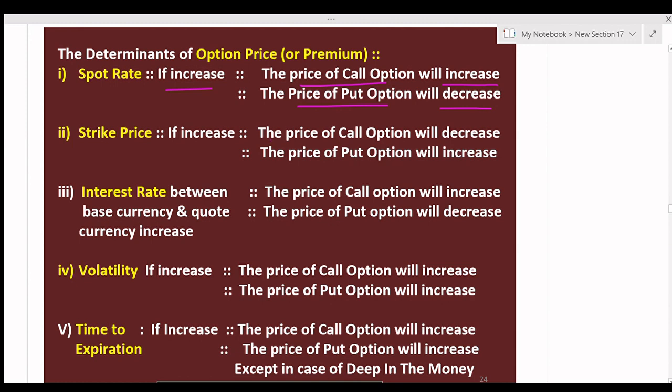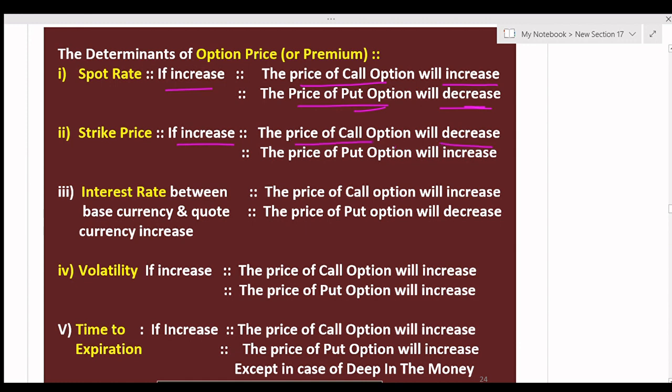And if the spot rate increases, then for the put option, the put buyer will be in the OTM situation, that is no cash flow. So the price of the put option will decrease. Now, if the strike price increases, the price of the call option will decrease.